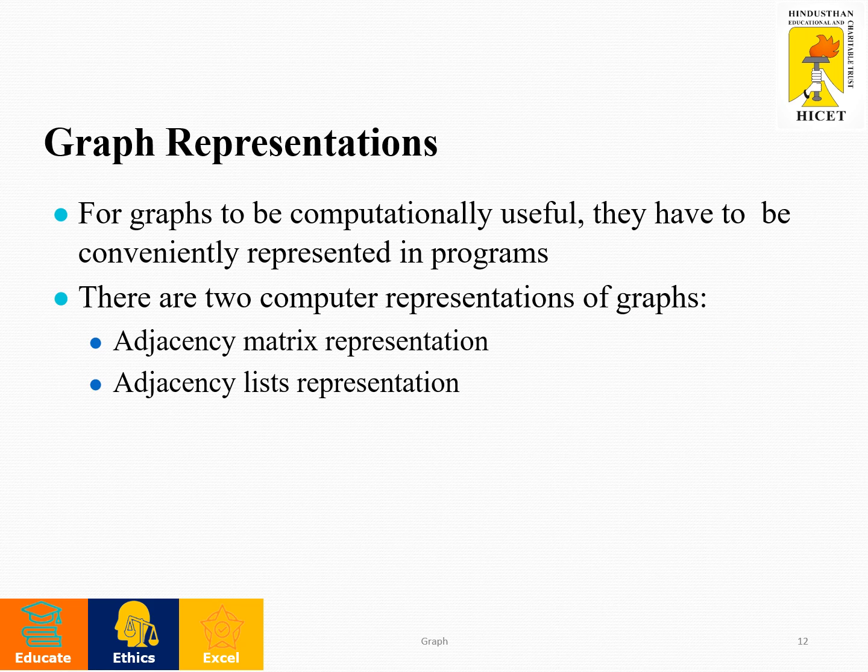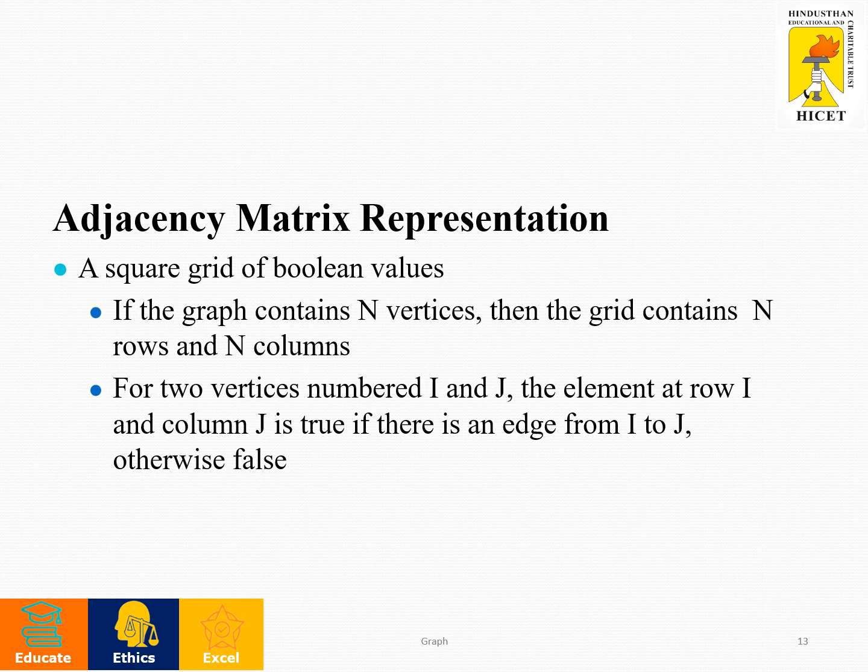And the representation of graphs is very simple. There are two different methods available. One is the matrix representation, another one is the list representation: adjacency matrix and adjacency list. Adjacency matrix means you can form a matrix, as you all know, like this.